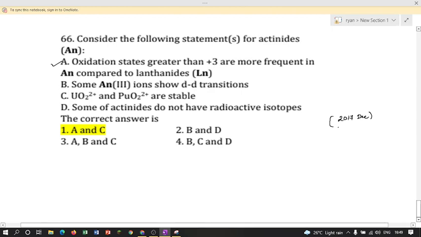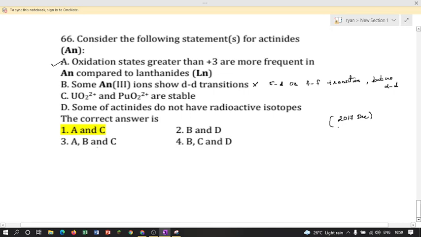Option B, this is wrong. Actinides show either fd or ff transition, but no dd transition.